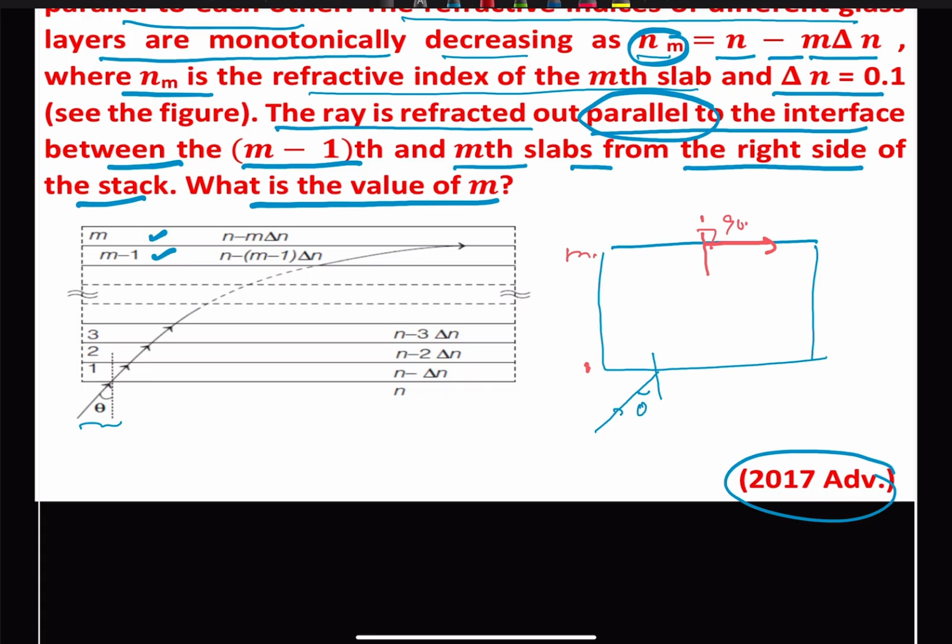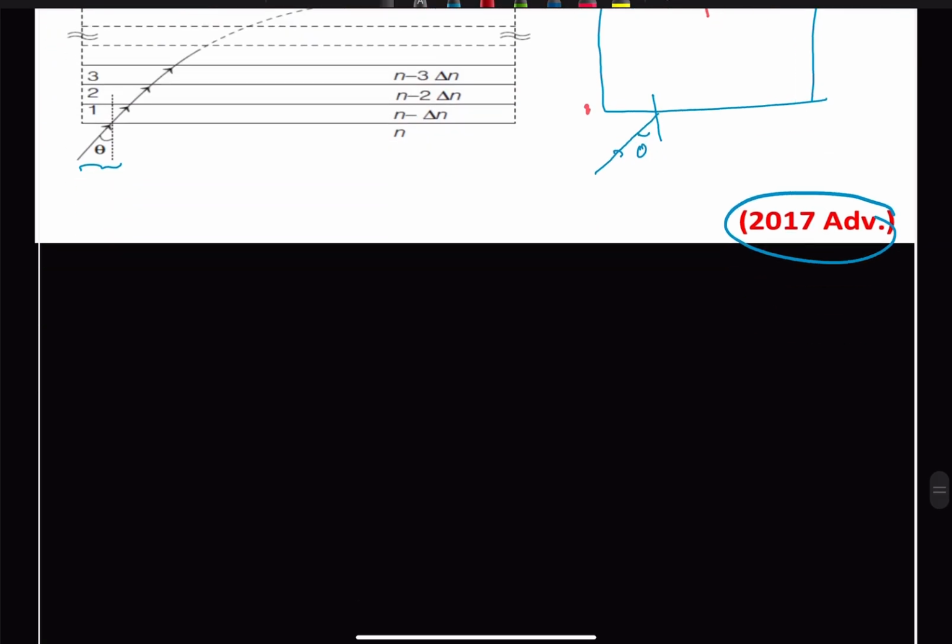And we can just use Snell's law. We can directly apply Snell's law between the initial interface and the final interface. Okay, or we can say the interface between the initial medium and the mth medium for this particular question. So Snell's law is given as n1 sine theta 1 is equal to n2 sine theta 2.